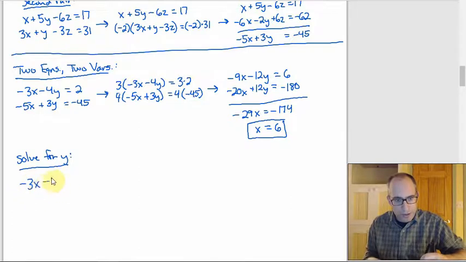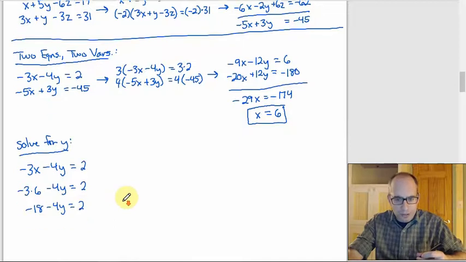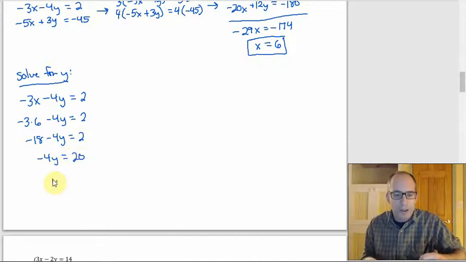So minus 3x minus 4y equals 2. And we said x is 6. So minus 3 times 6 minus 4y equals 2, or negative 18 minus 4y equals 2. If you solve that, it looks like you get negative 5, because you end up with negative 4y equals 20. Then if you divide both sides by negative 4, y is going to be negative 5.